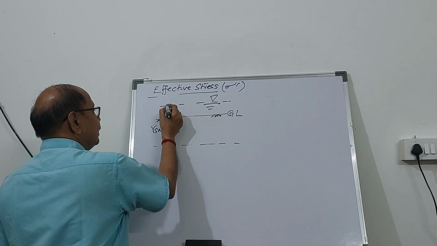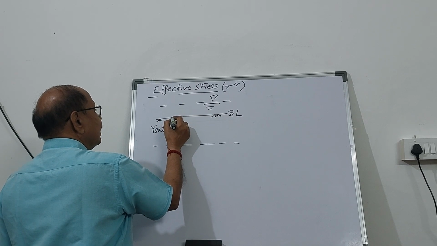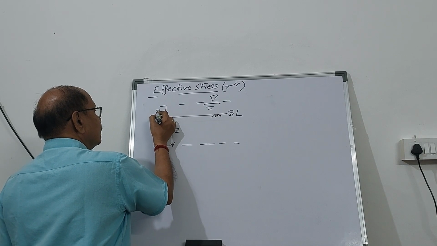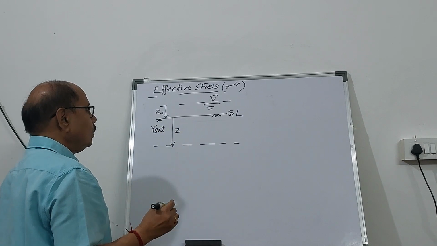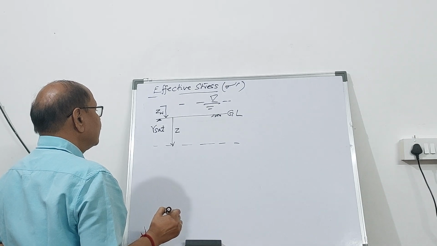And here this height of water above the ground level is ZW, above the ground level, right?